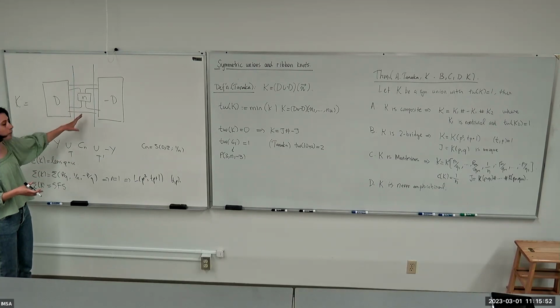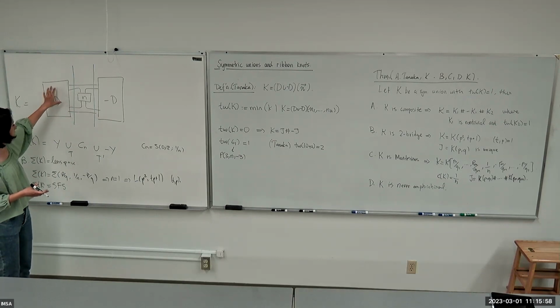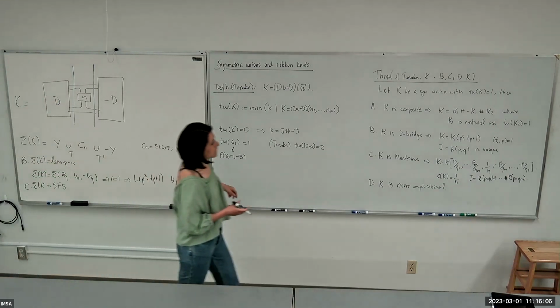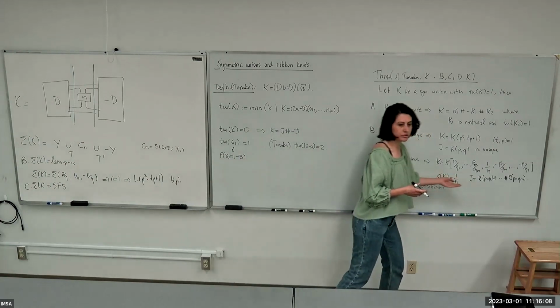Then it should cobound Seifert fiber spaces on either side. That's why you get some Seifert fibration on this part, which will give us this kind of tangle decomposition.